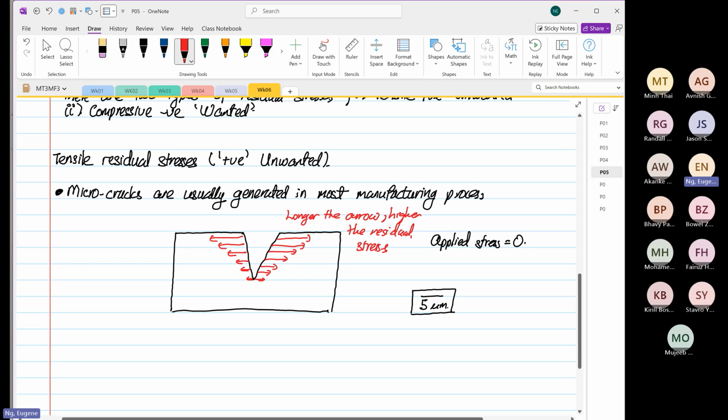Now this is without loading. Okay. And at this part, this is known as the crack tip.